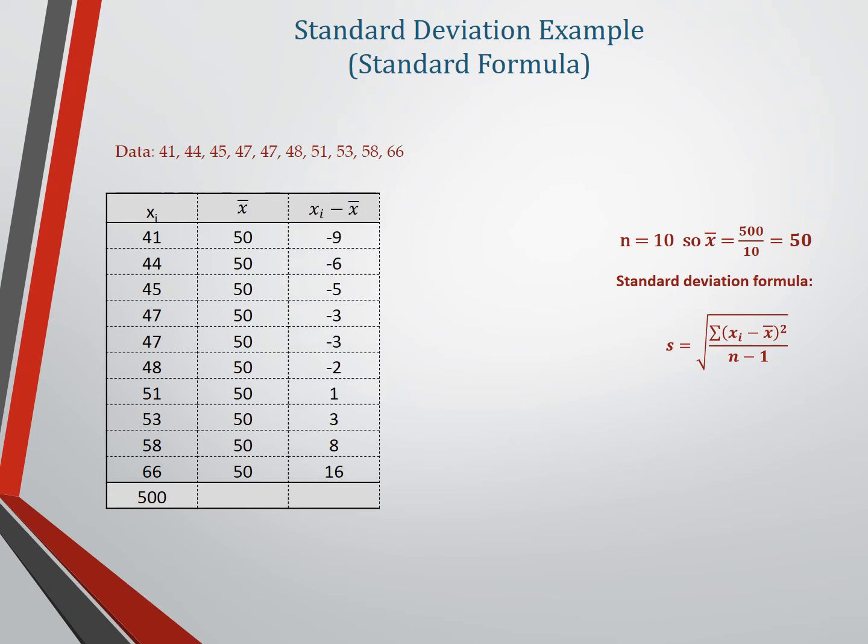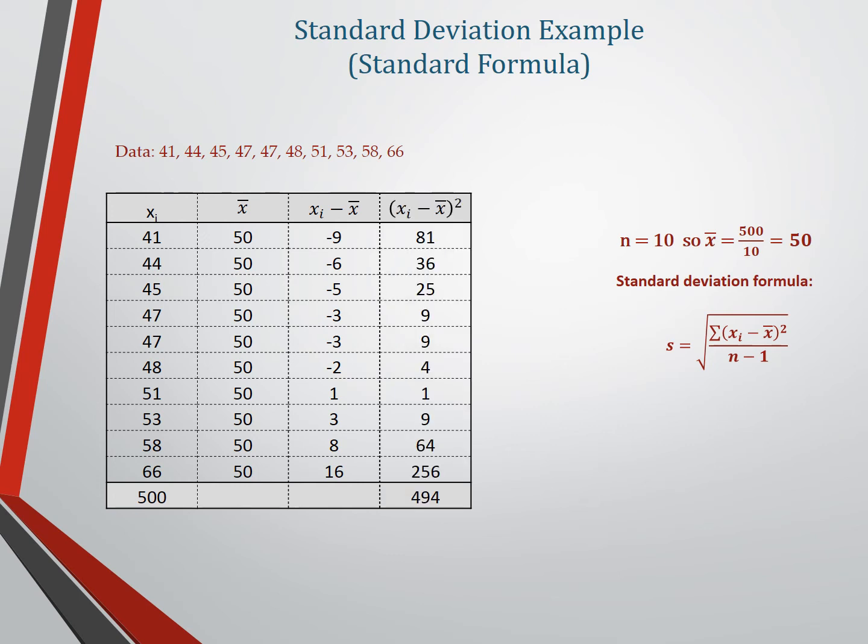Here's our third column. 41, which is in the first column, minus 50 in the second column gives us -9. We do this for the remaining 9 values, and the last value, 66 minus 50, gives us 16. If you go back to the standard deviation formula, the next step in the process is to take the results in column 3 and square it. So that's what we're going to do. And there you have it.